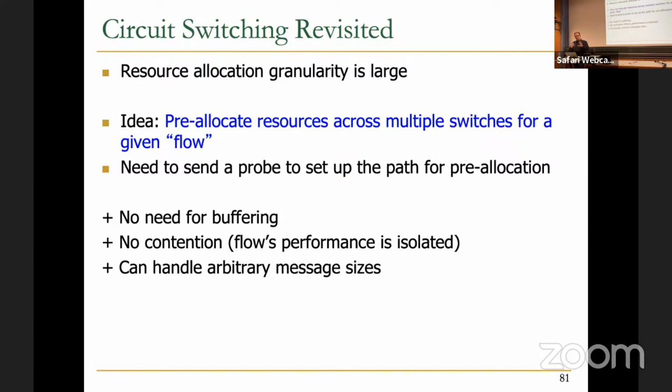But you don't need to schedule buffers or arbitrate across buffer access, because that buffer can be considered as some registers. There is no contention once you establish the paths, and it can also handle arbitrary message sizes, which is again very good.